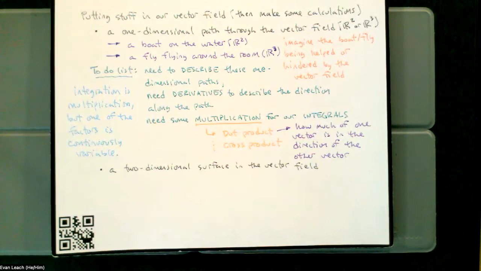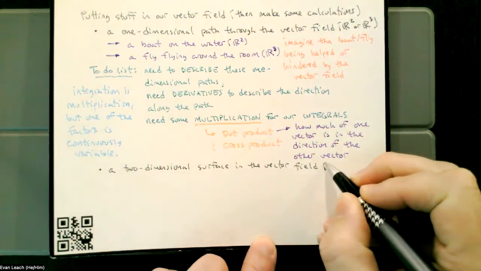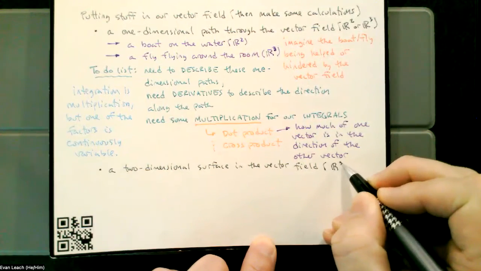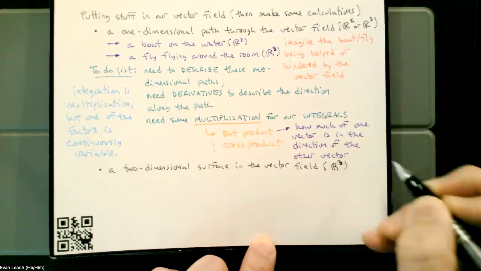Might be something there, but more importantly, we're going to take this two-dimensional surface and stick it in our three-dimensional vector field. So this one is really more of an R3 thing because we need the space.